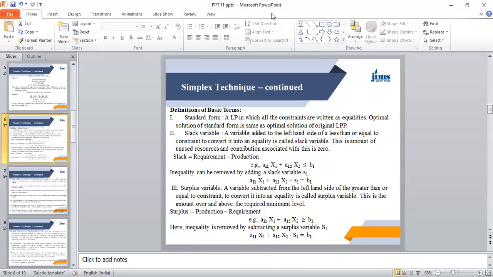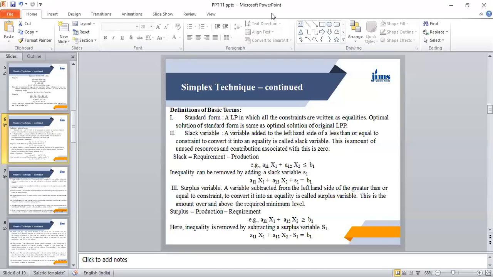Similarly, if it is a greater than or equal to type constraint, then we deduct something from the left hand side to make it equal to the right hand side. A variable which is subtracted from the left hand side, to remove the greater than or equal to constraint, is known as surplus variable.